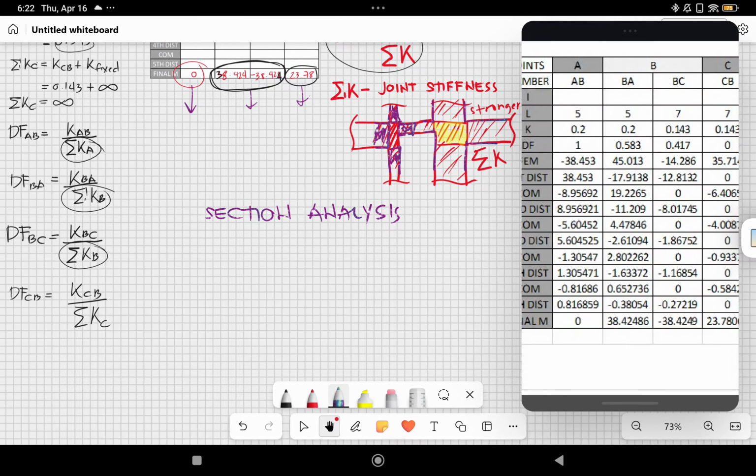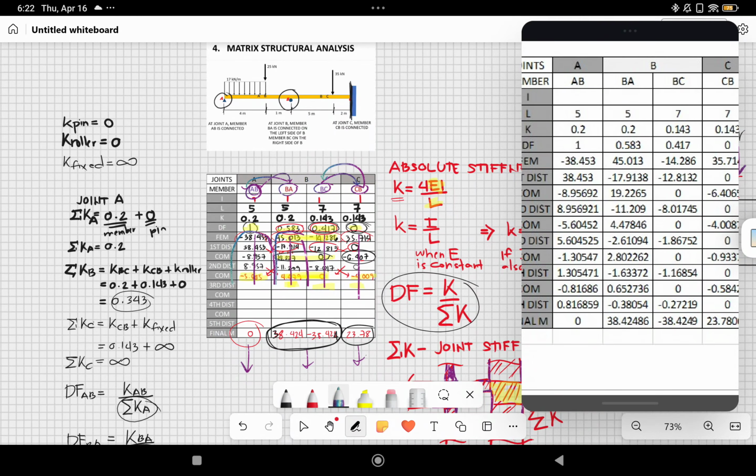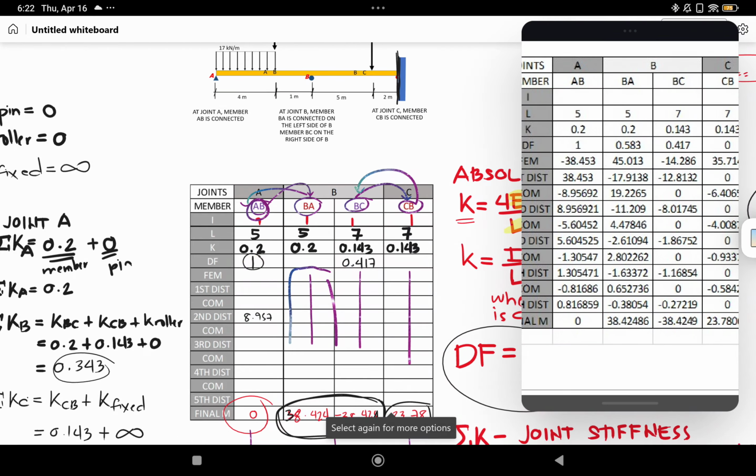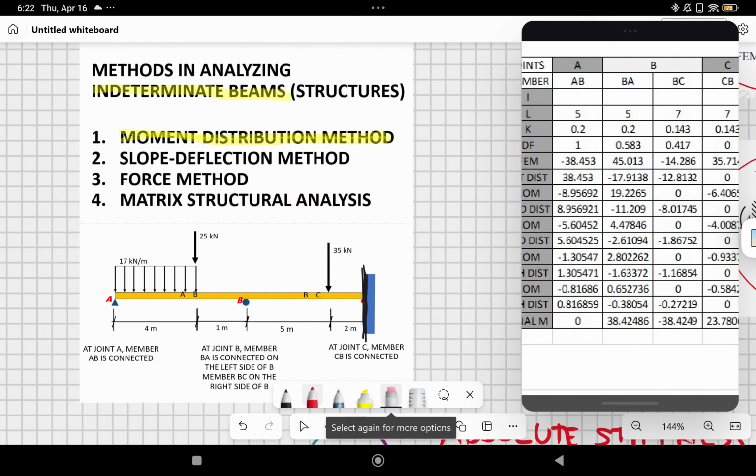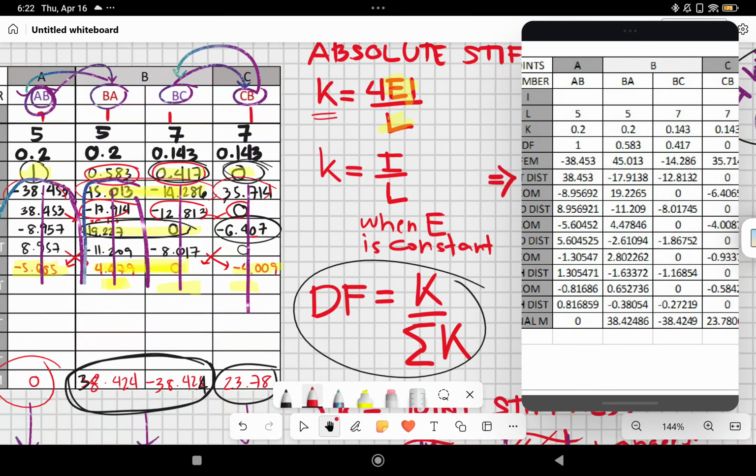Kaso, unlike before na yung section analysis natin, magpuputol tayo ng a certain section at a given x distance, and then we give it a value unknown x. Ngayon, hindi na natin gagawin yon. We just do a section analysis per span. So, ibig sabihin, since per span na siya, alam na natin yung length, which is buo na siya, 4 plus 1, that's 5. Dito is 5 plus 2, that is 7.